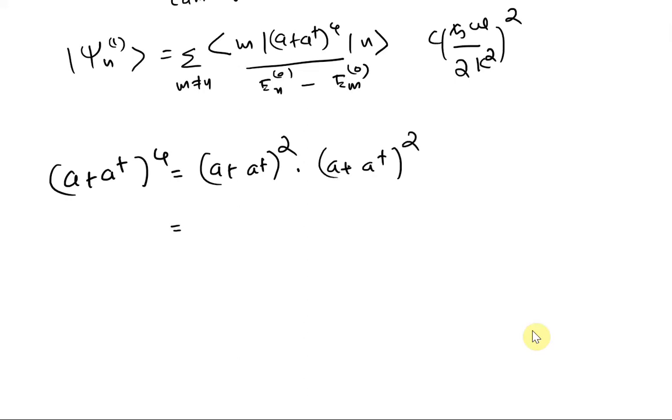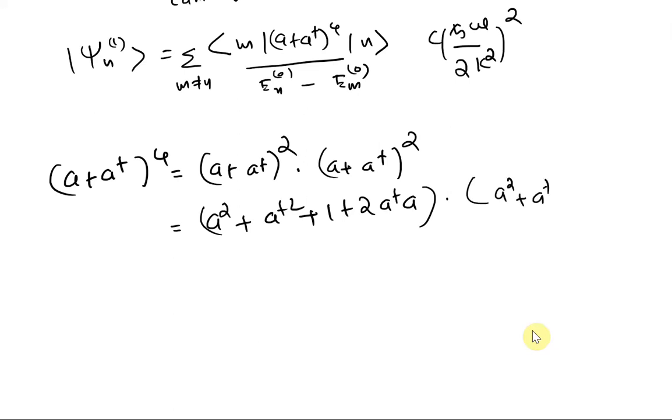This is something that I know: a square plus a dagger square plus 1 plus 2 a dagger a, that we have found out earlier, and that operator acting with the same a square plus a dagger square plus 1 plus 2 a dagger a.